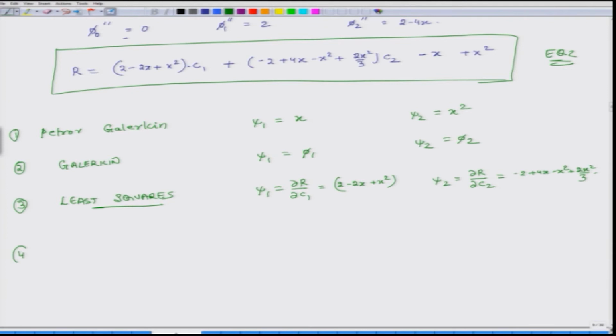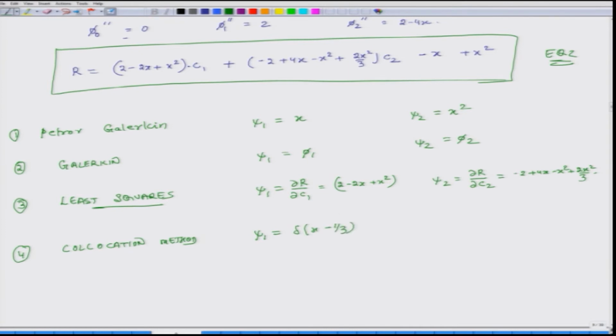And in the fourth case, I am going to use the collocation method. Okay. So, my psi 1 is a Dirac delta function located at x equals 1 by 3.